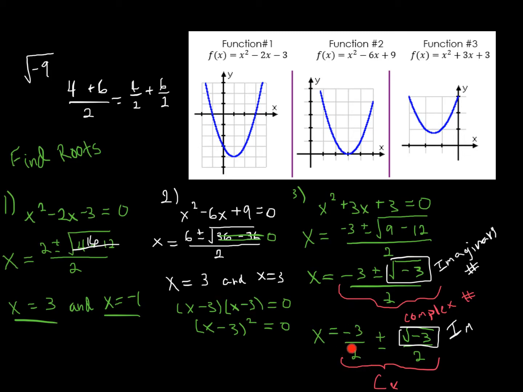I have some value, negative 3 over 2. I can either add this imaginary piece or I can subtract it. So I still have two solutions. It just turns out that these are not real numbers. And I can look at my graph and say, hey, they certainly aren't, because if they were real numbers, they would show up somewhere. But they're not. They live somewhere else, and so they're called complex solutions.